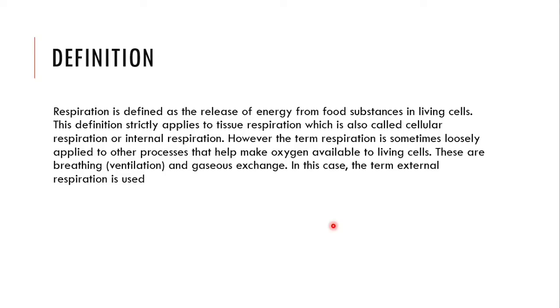So external respiration, my students, is a type of respiration that makes oxygen available to living organisms. Are you following? Yeah. So that oxygen, which is made available, is now used to make energy. So these are the definitions that I want you to stick with.